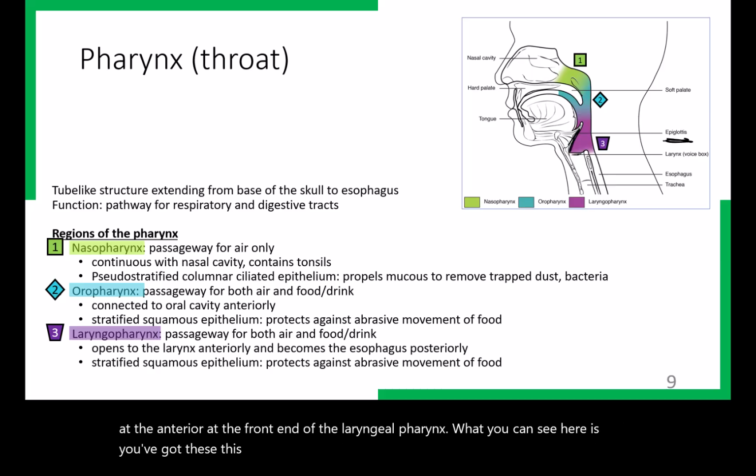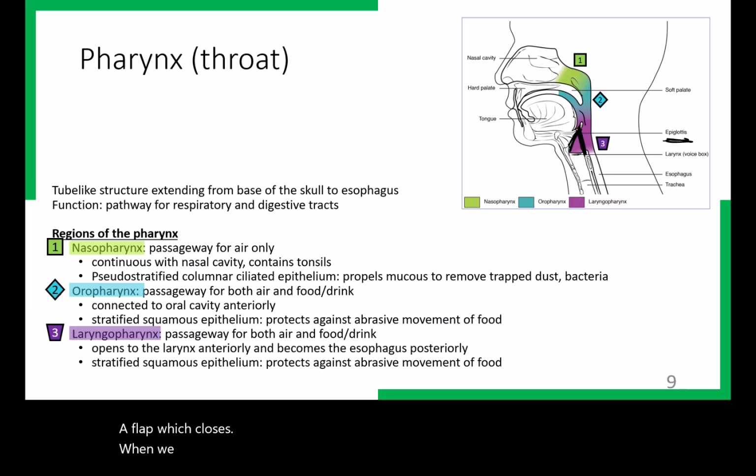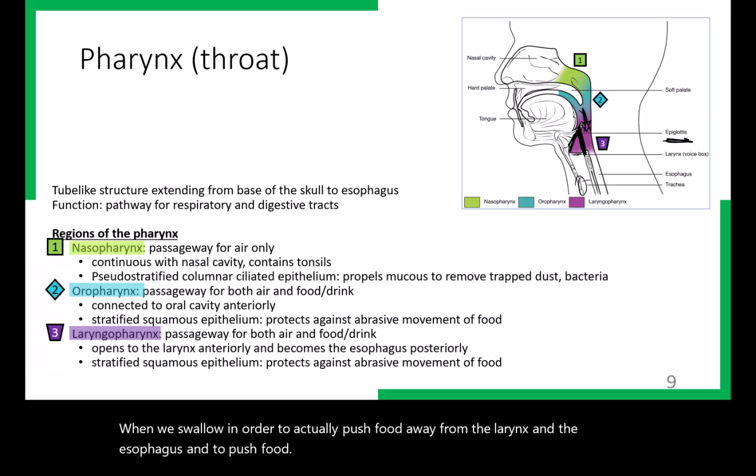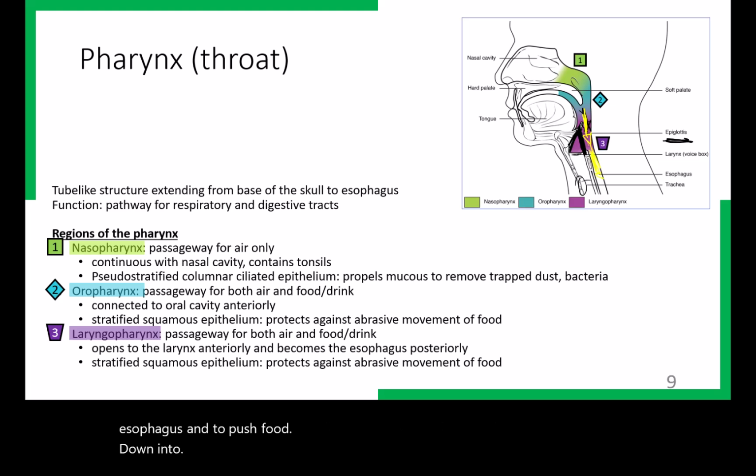And this epiglottis acts like a flap, which closes when we swallow in order to push food away from the larynx and push food down into the esophagus, right?